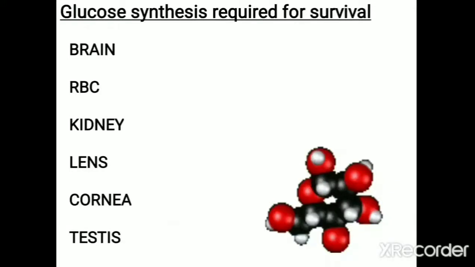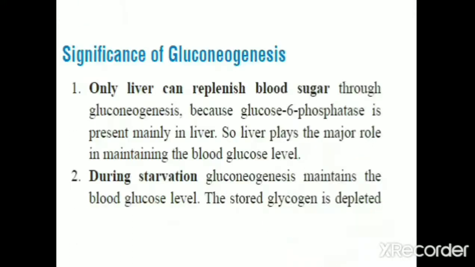For the survival of these vital tissues, our body needs glucose, and it is provided by gluconeogenesis. Gluconeogenesis also helps to maintain the blood glucose level. During starvation, in the initial stage it is maintained by glycogenolysis, and at a later stage by gluconeogenesis.